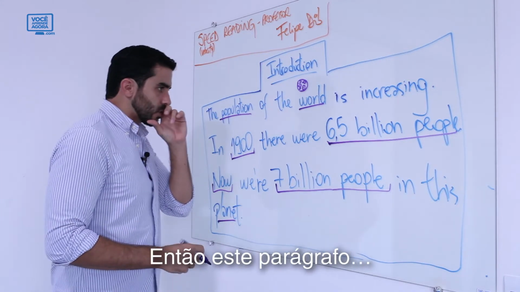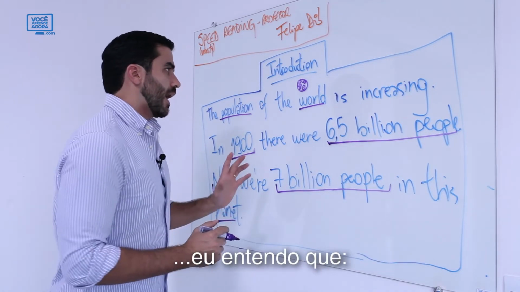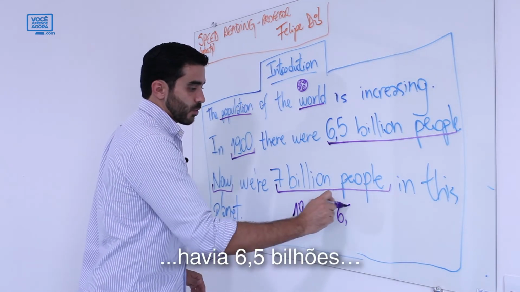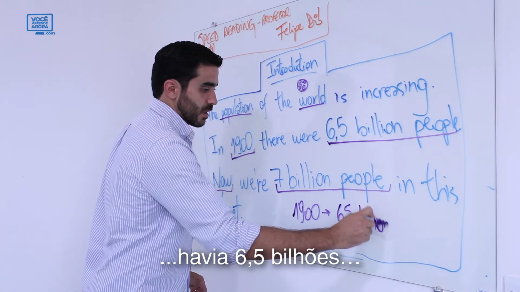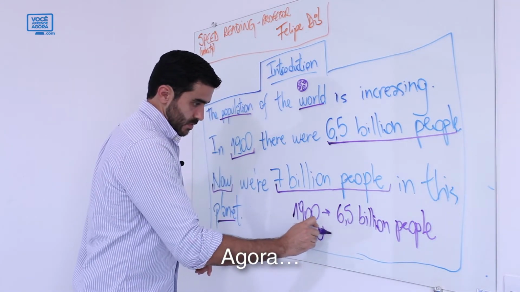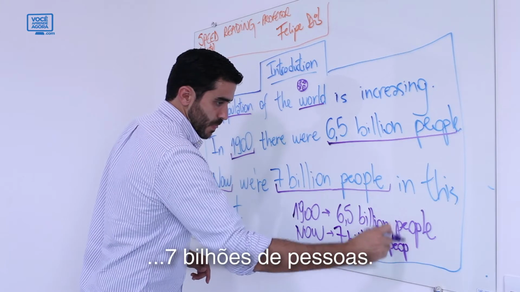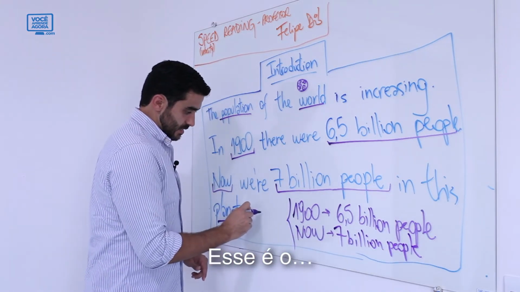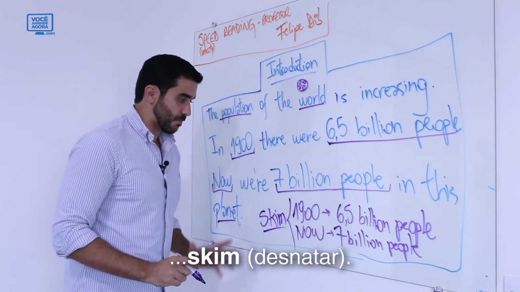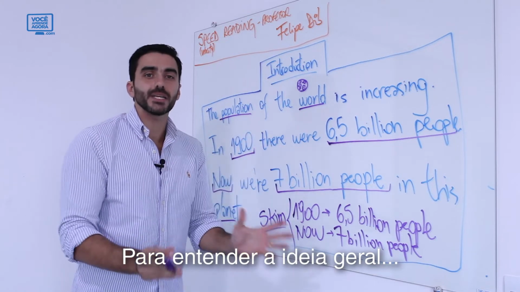I understand. So when I summarize the paragraph, I understand that in 1900, there were 6.5 billion people. Now, 7 billion people. This is the scheme. I'm just taking the most important information to understand the general idea of the text.